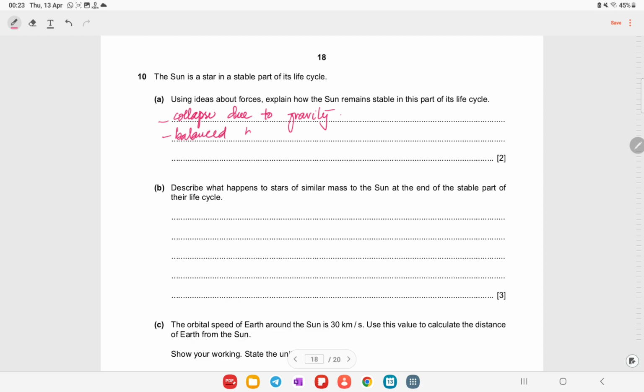Basically they are balanced by outwards forces due to high temperature or pressure. This is what happens.